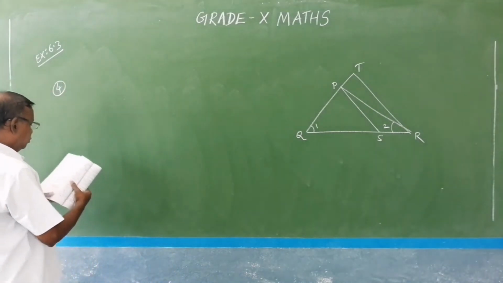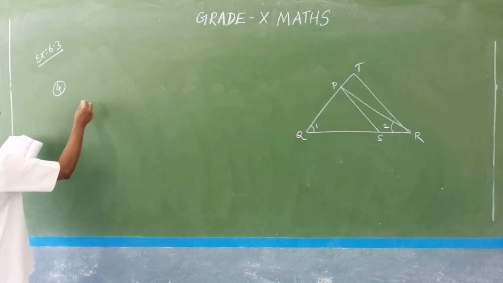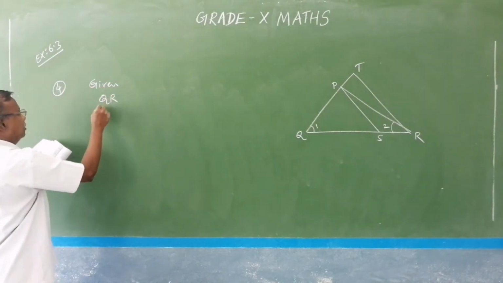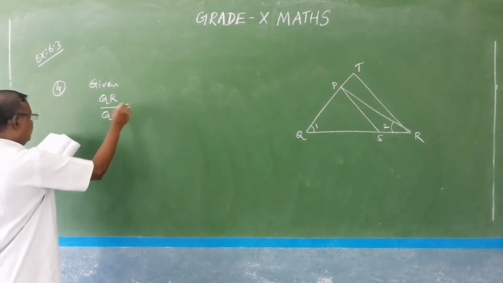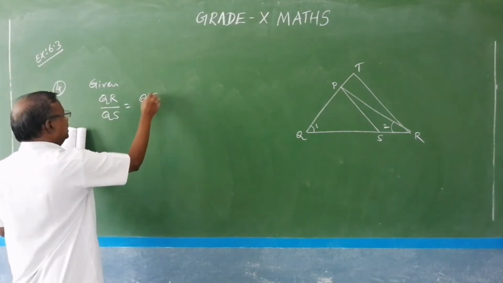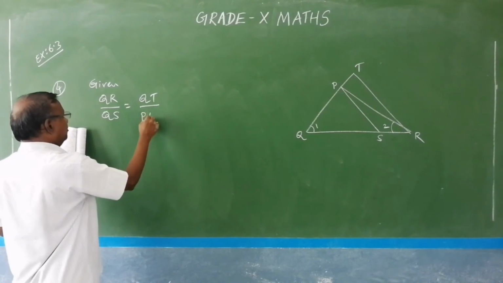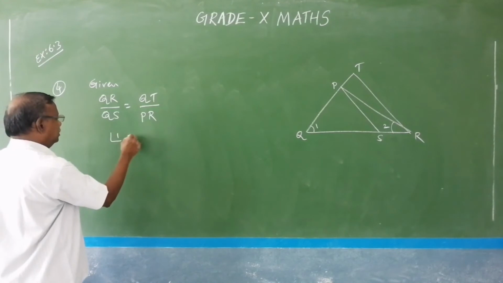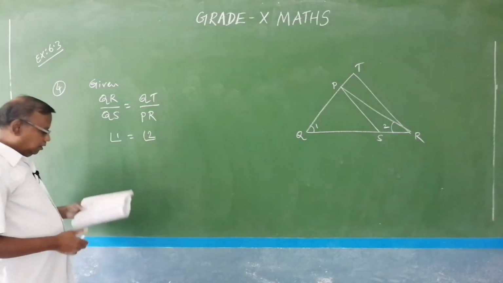Now in the diagram, QR divided by QS equal to QT divided by PR, and angle 1 equal to angle 2.